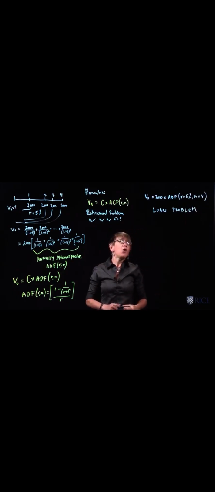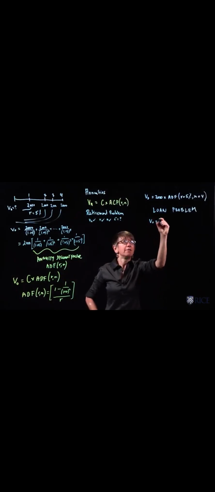Here's an example. Suppose the purchase price of the car that you would like to buy today is $37,150. So that's the present value.